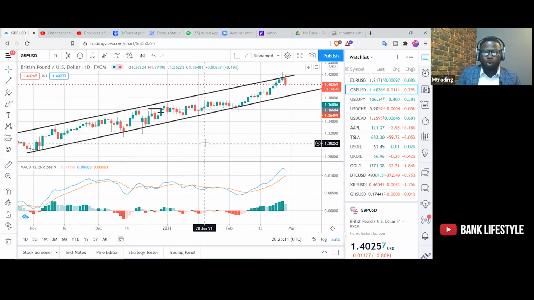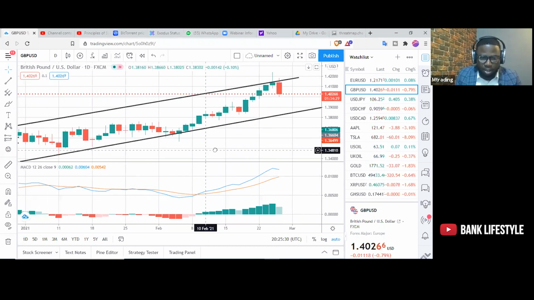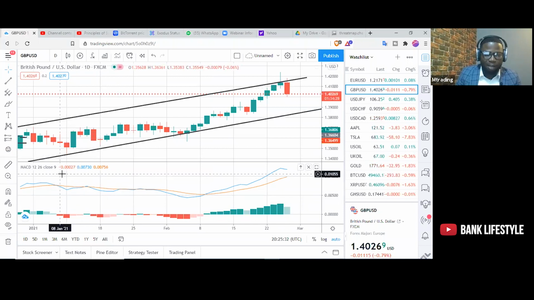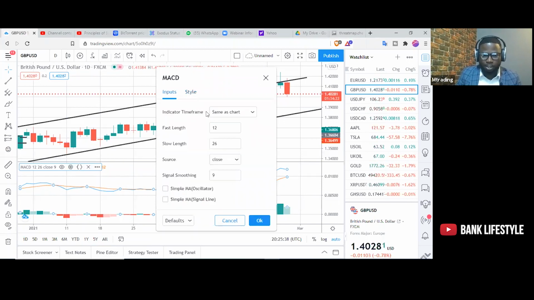So how does this MACD work? I said it's used to identify the trend in the markets, and it's also used to identify whether there's going to be a reversal in the market as well. So we can do these two things. Let's go into the settings of the MACD and see the inputs.